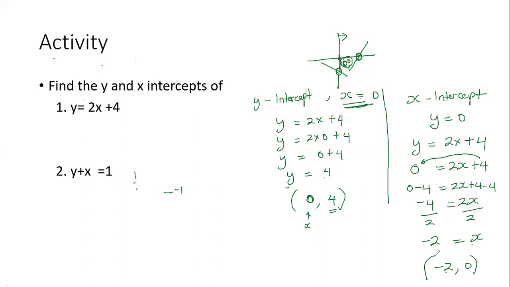Okay. Then can you try for me the second one? Try this number. Find the x-intercept and find the y-intercept. I want you to quote that at the y-intercept, x is equal to 0. Find that one. Go to the x-intercept, say y is equal to 0.